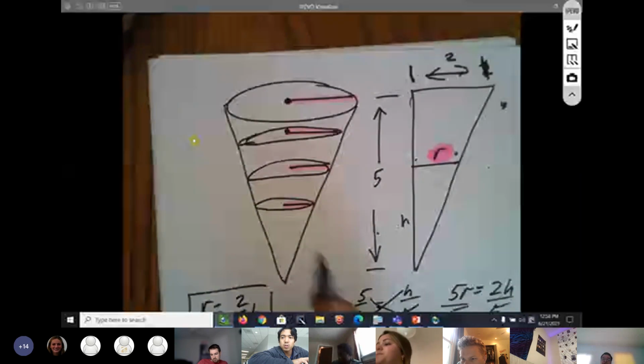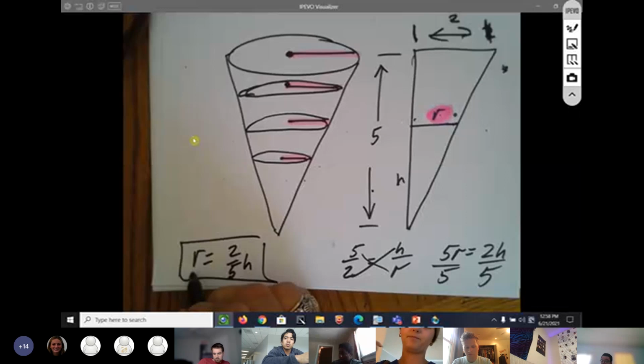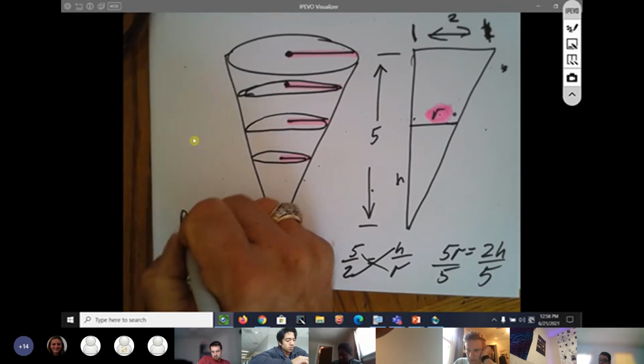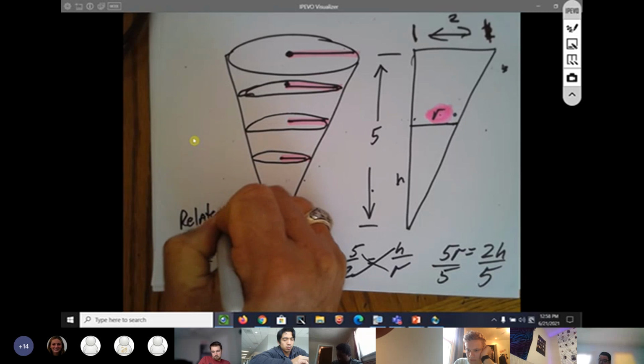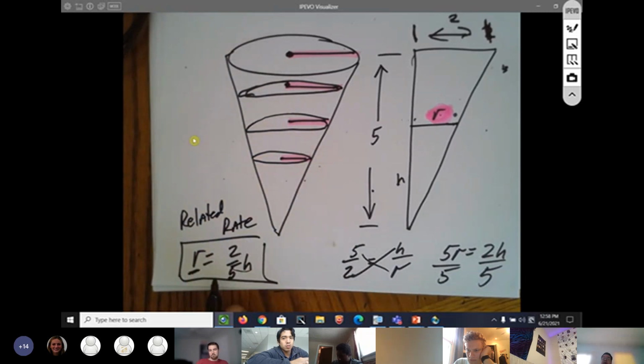Well, Hubert, how'd you know? Because you're dealing with a conical tank, you've got to know how that R is changing. And now this is what you call a related rate. And I guarantee you there's somebody in the classroom going, oh, I see what he's talking about, for the first time, and they've had calculus before.